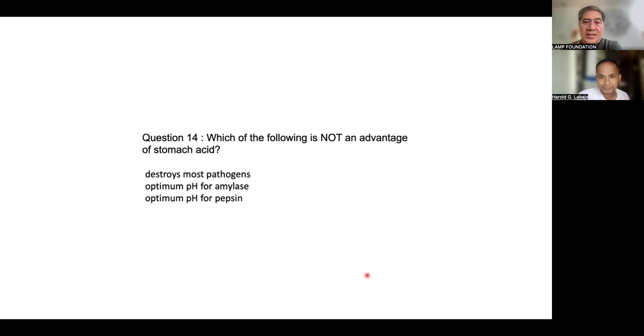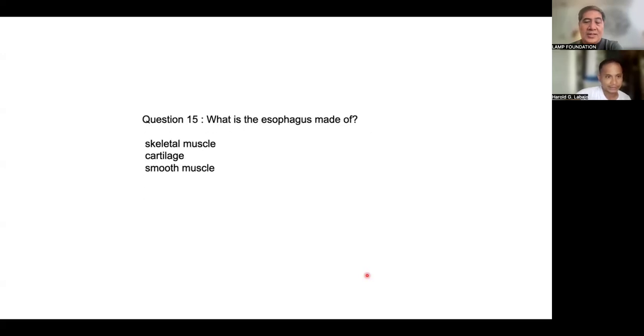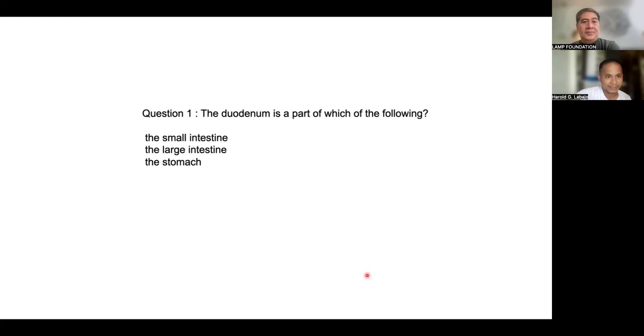Which of the following is not an advantage of stomach acid? Optimum pH for amylase. What is the esophagus made of? Smooth muscle. The duodenum is part of which of the following? Small intestine.